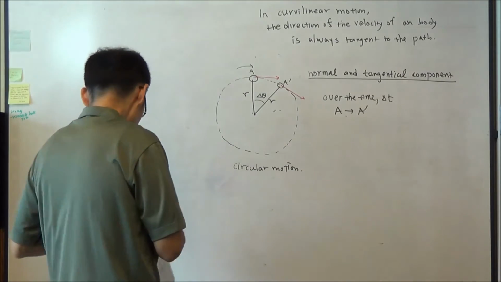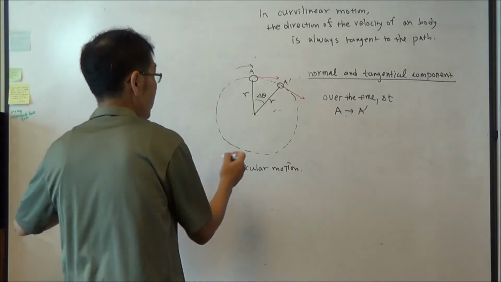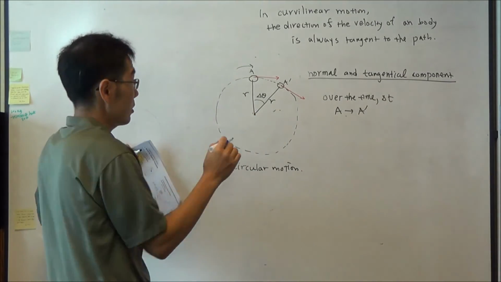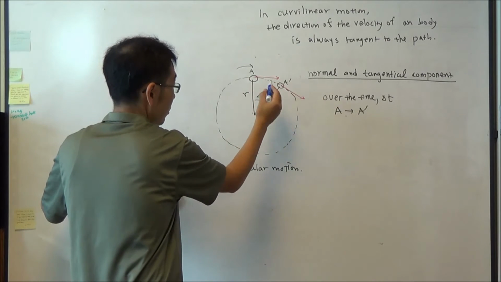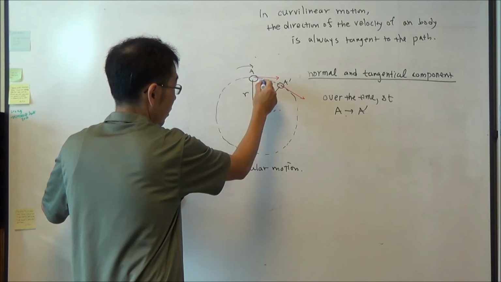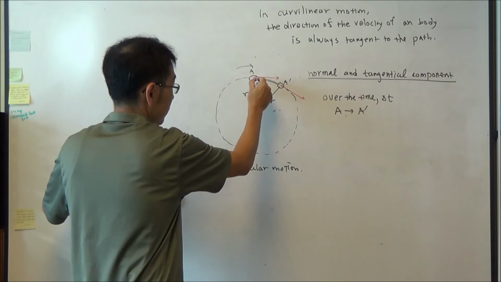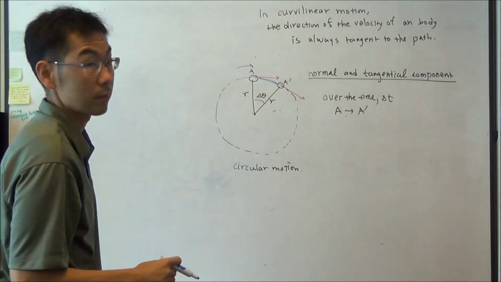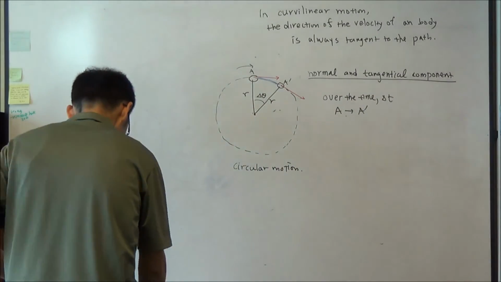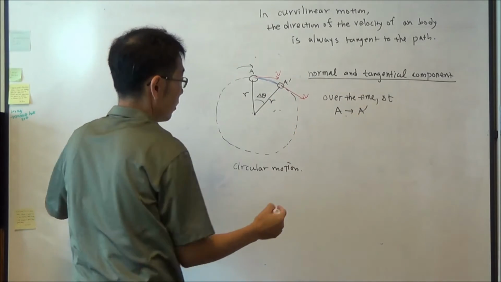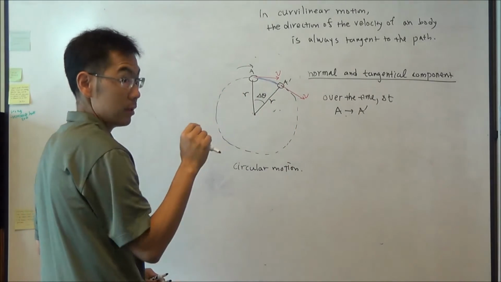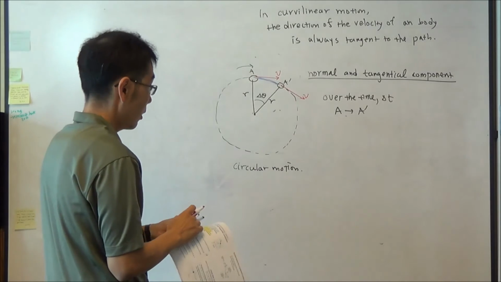Then what is the travel distance from A to A prime? This is the travel distance, right? And we know that this is velocity v. Let's say the velocity is always constant right now.